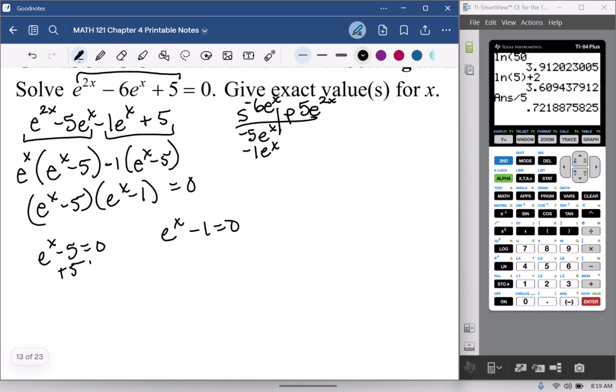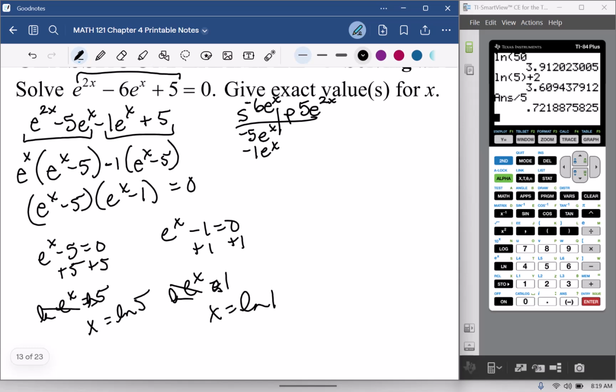So add 5, e to the x equals 5, ln. So x equals ln of 5. Add 1, ln, x equals the natural log of 1. The natural log of 1 is 0, so x equals ln of 5, and x equals 0.